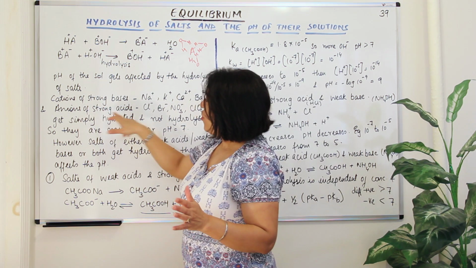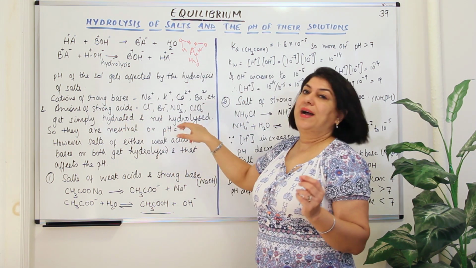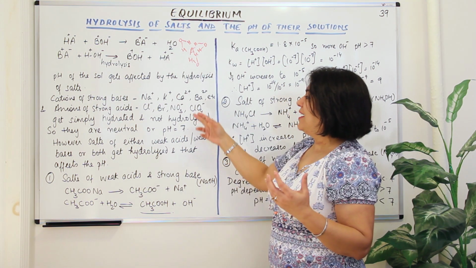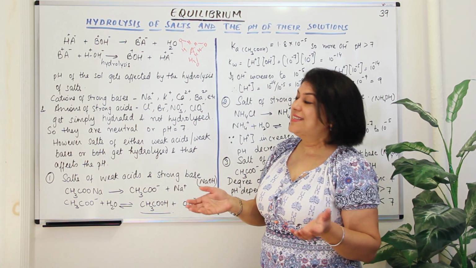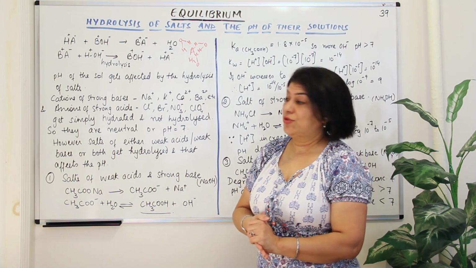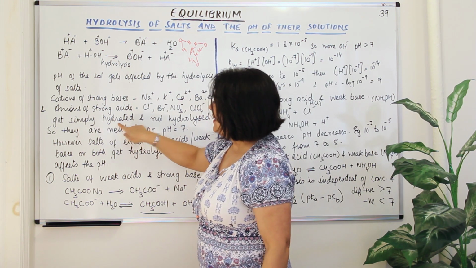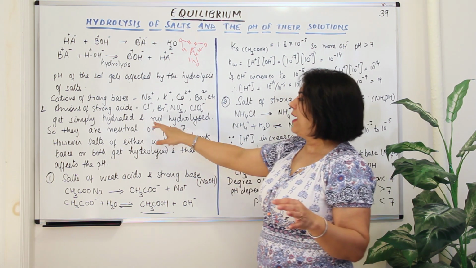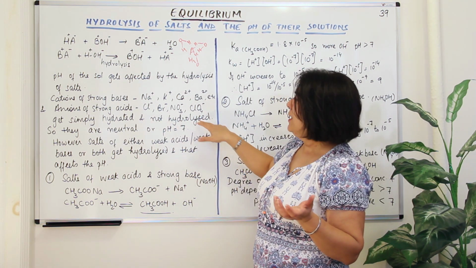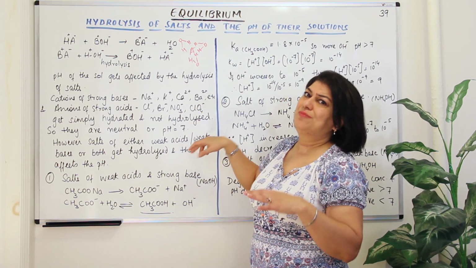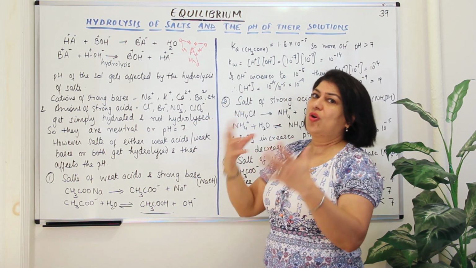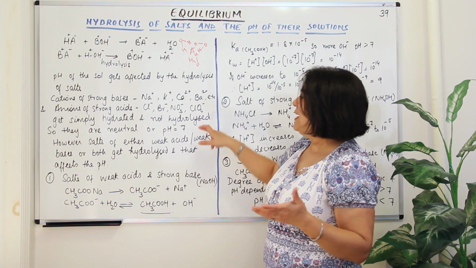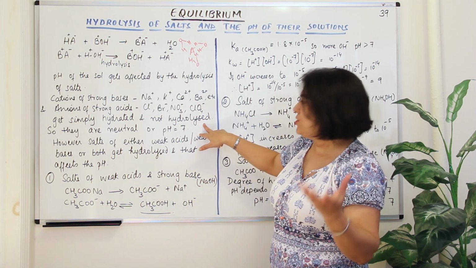And anions of strong acids, for example chloride, bromide, nitrate, chlorate, these are also strong. Since they are strong, they would also get hydrated, they would not cause hydrolysis. We usually use this term in terms of salt, while actually it is the salt that is causing the hydrolysis of the water molecule. But we say it is a hydrolyzed salt.